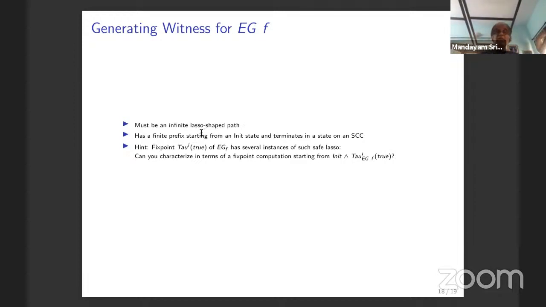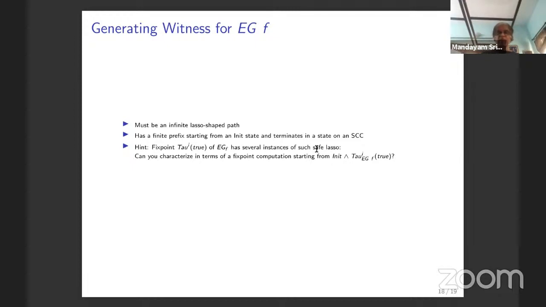And as we said, the infinite path in a finite state system is always lasso shaped. And it has a finite prefix starting from some initial state and terminates in a state on an SCC. So the question is, how do you compute this? I mean, imagine that you used the greatest fixed point, that you computed it as a descending chain from true.